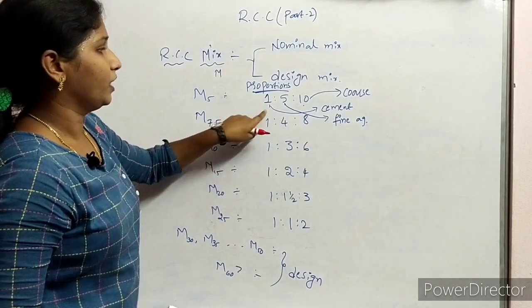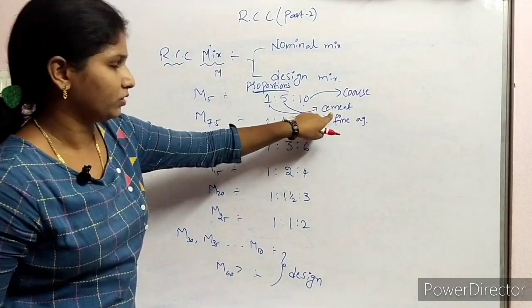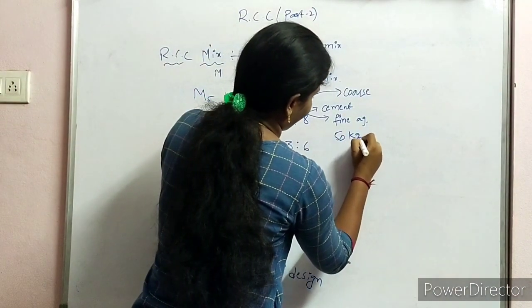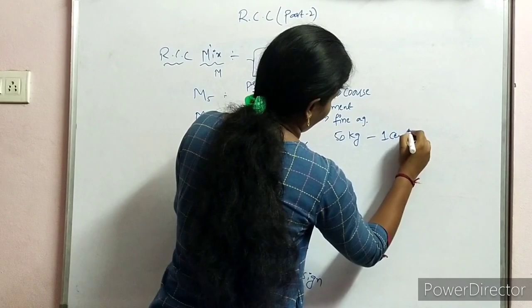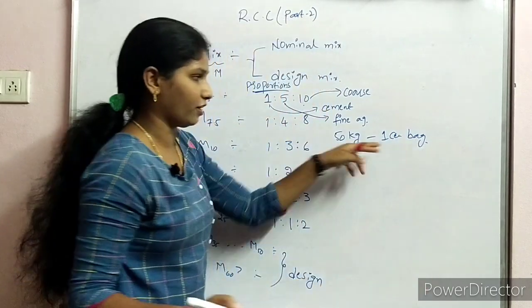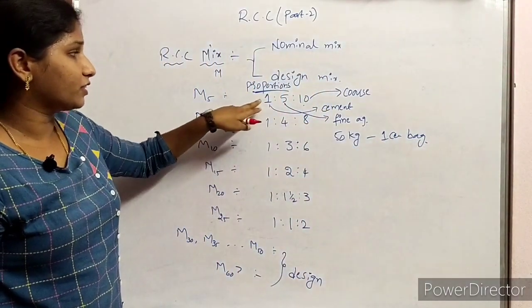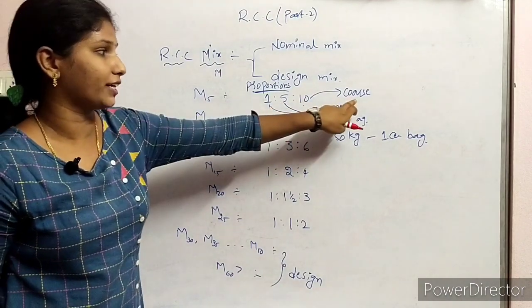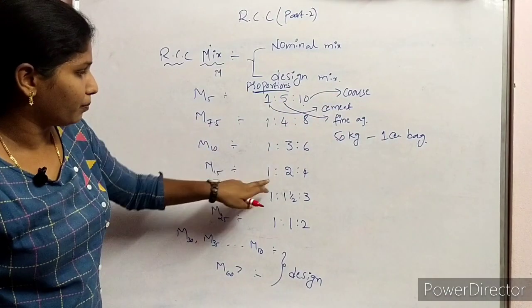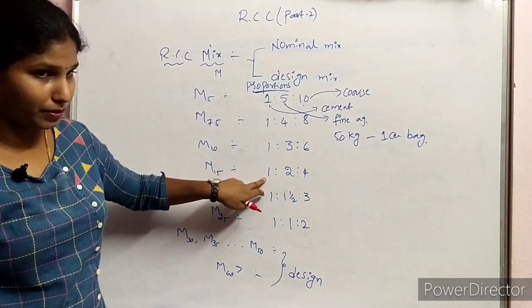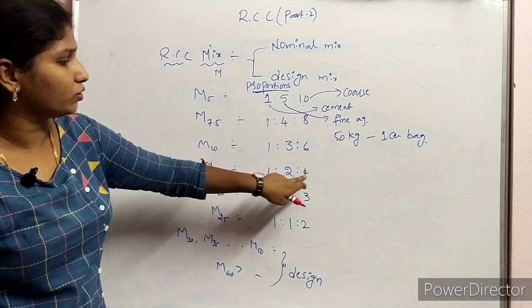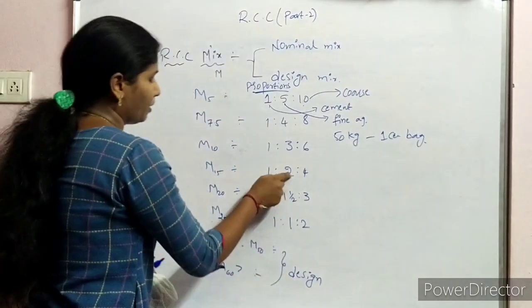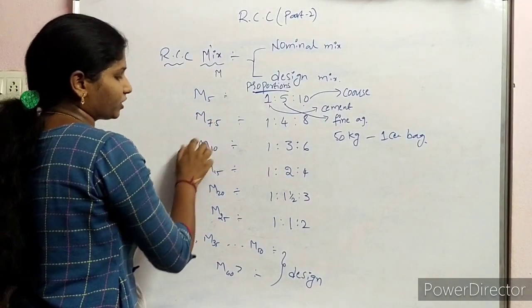For example, one bag of cement is 50 kgs. This is a constant. If 1 part cement is used, then 5 parts fine aggregate and 10 parts coarse aggregate are used. For example, in 1:2:4, 1 part cement, 2 parts fine aggregate and 4 parts coarse aggregate are used.